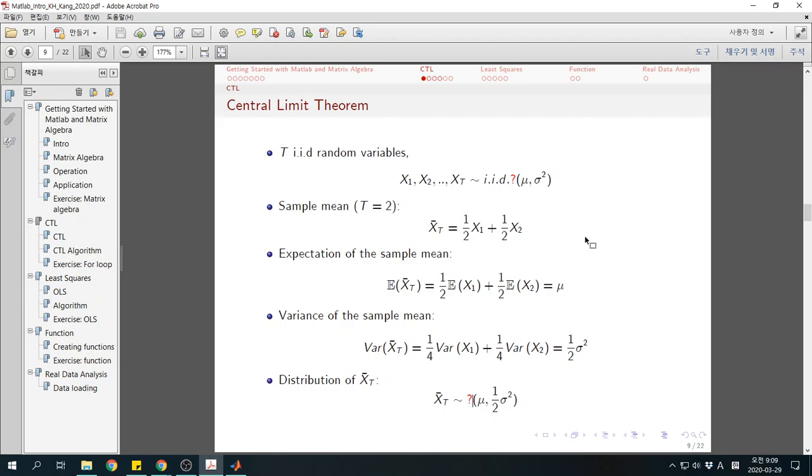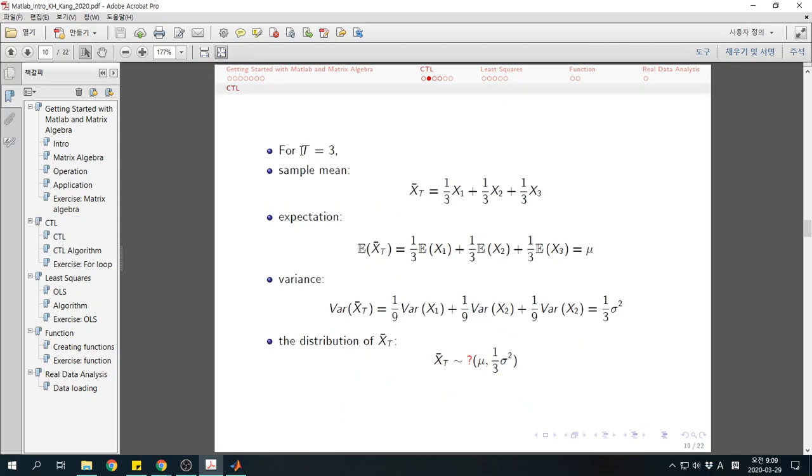And what if capital T is 3? The sample mean of the three random variables still has expectation mu, and the variance is now 1/3 times sigma square.